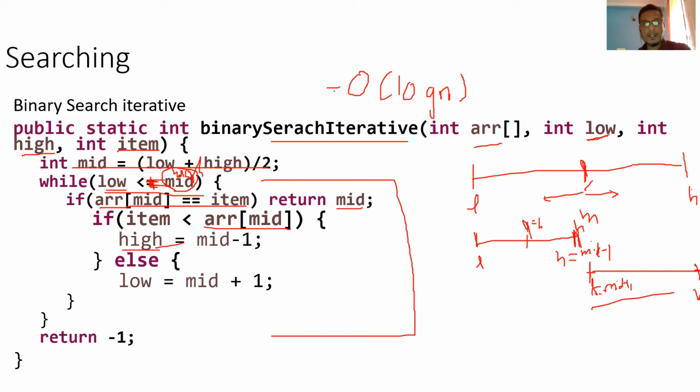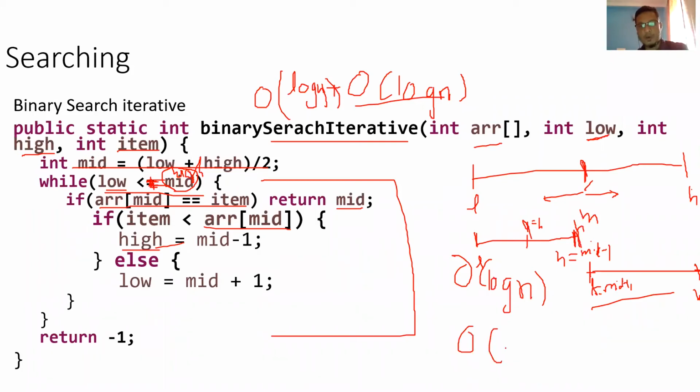Sorting will take big O of n log n if you apply merge sort, and then the binary search is big O of log n. If you use the iterative approach, it will be big O of n. So sorting first and then using binary search is a better approach.